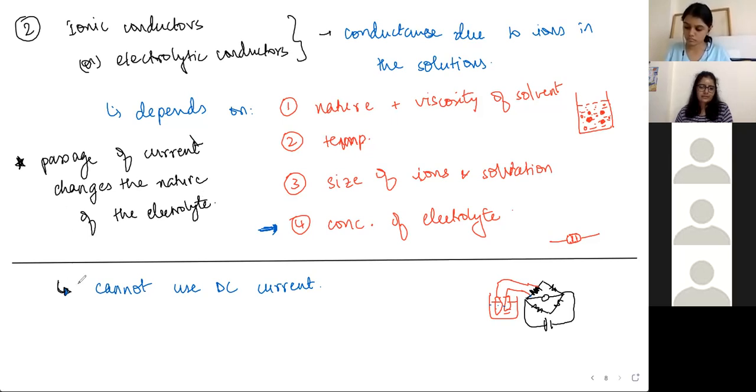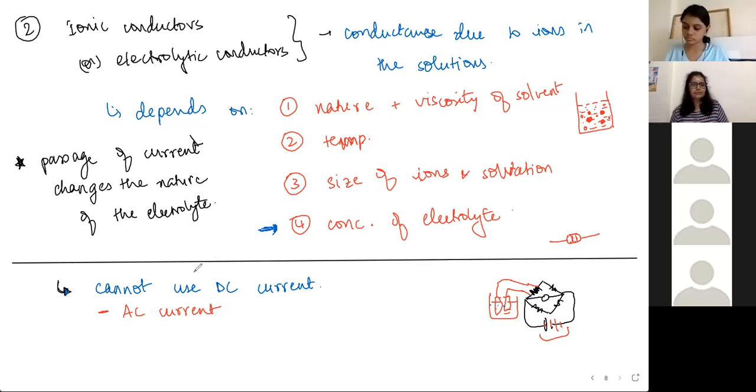So because of this, you cannot use DC current, and because you can't use DC current, you end up using alternating current. So in the Wheatstone bridge, if your source, instead of a DC battery, is changed to an alternating current source, you can overcome this particular aspect. The reaction will still happen, and alternating current reverses direction, right?